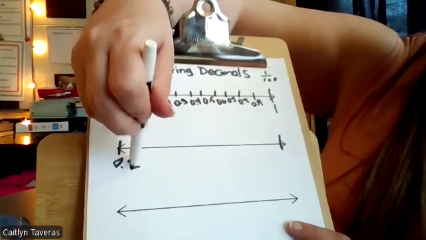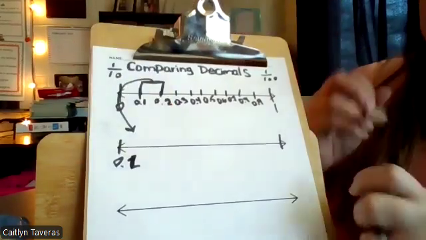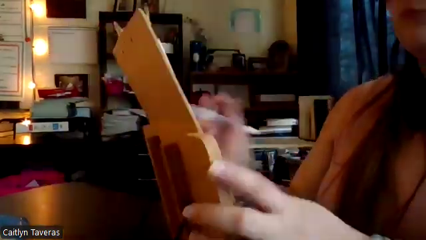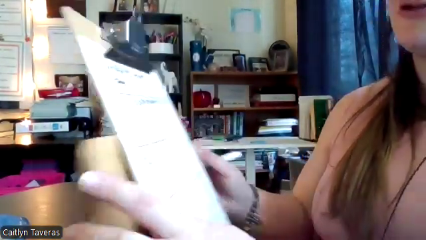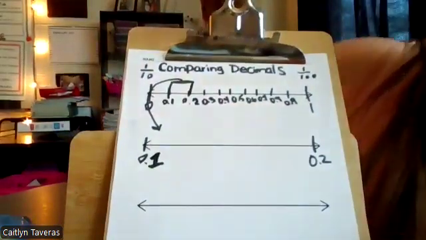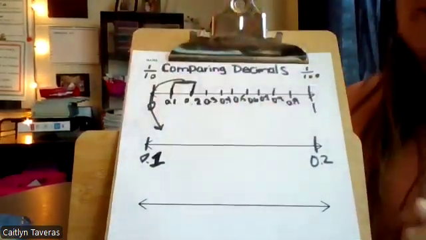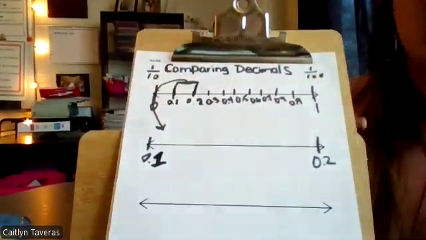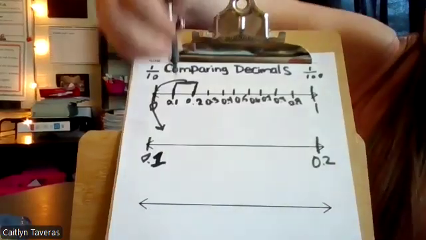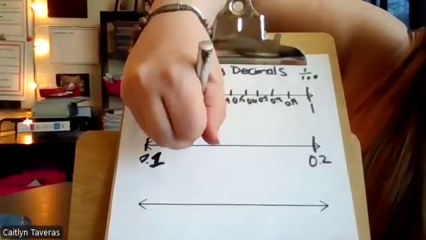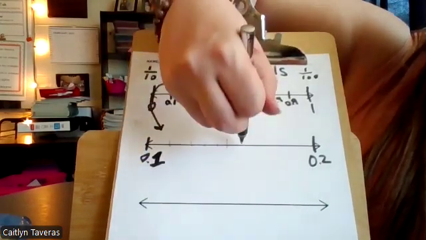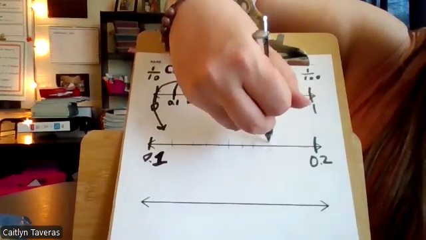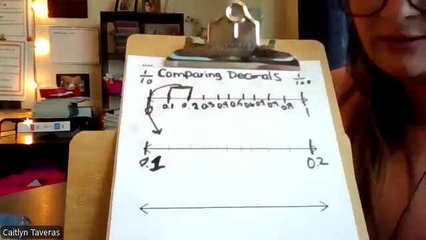I'm so sorry. 1/10 right there. And 2/10 right there. We also have decimal fractions in between, where again, we would have 9 lines in between. So it'd go 1, 2, 3, 4, 5, 6, 7, 8, 9.